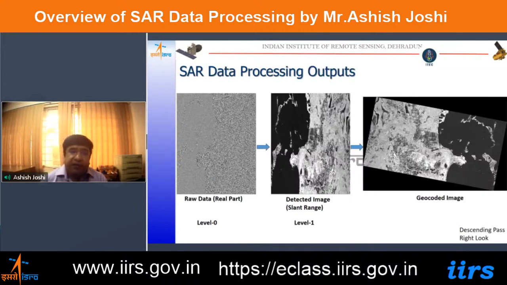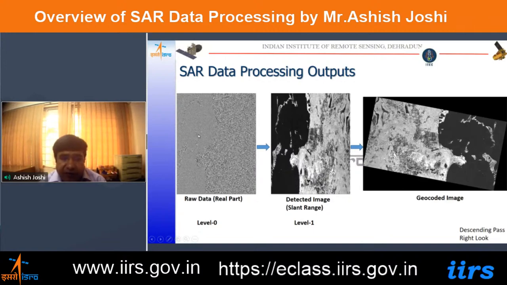So after all this process, we will get the geocoded image. So this is the raw data that we have seen as an input. Means this is the raw data which has a very coarse resolution, and this is the real part of the data.